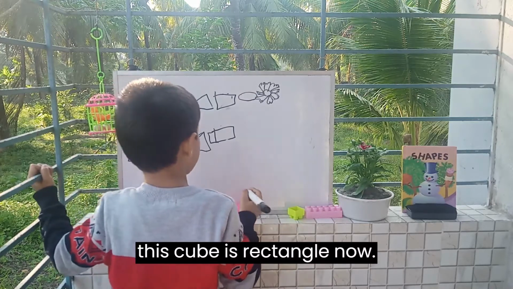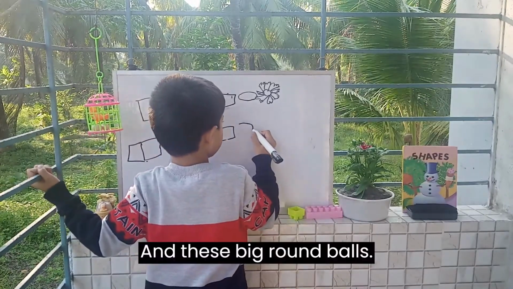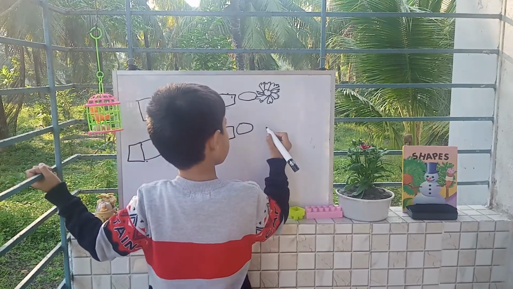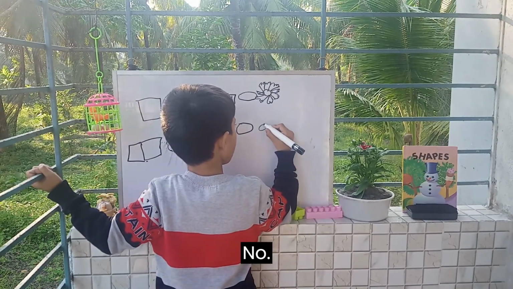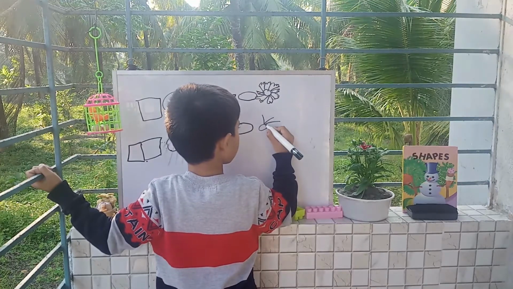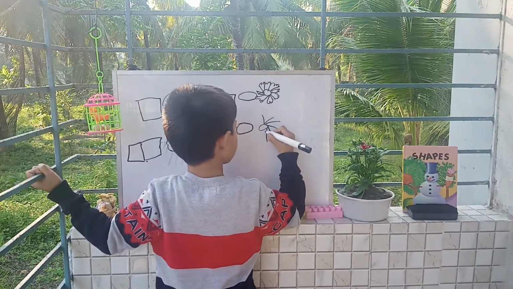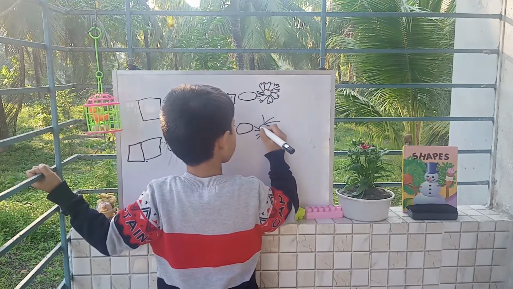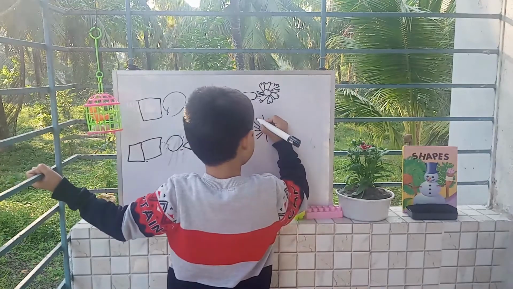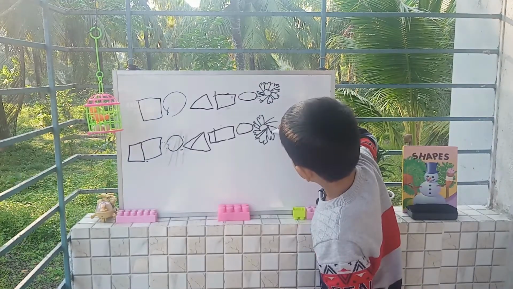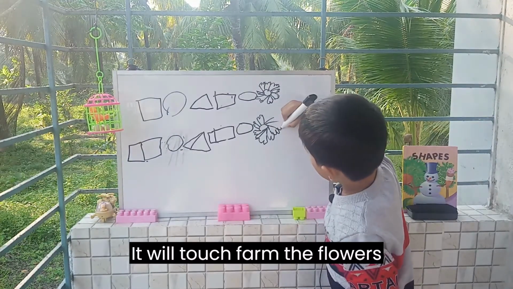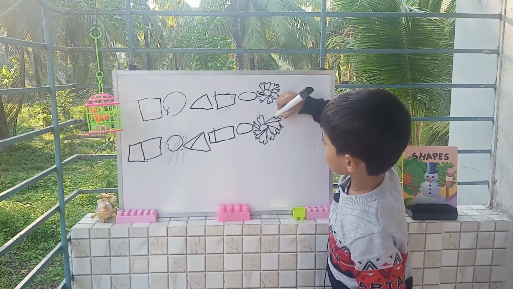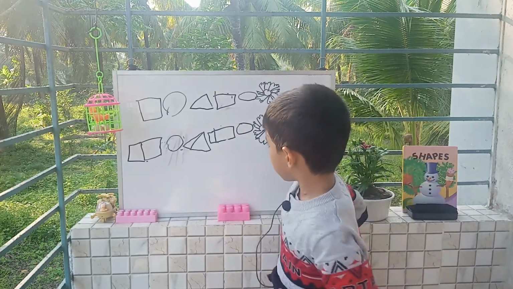This cube is rectangle now, and this big round ball, and this flower. It will touch the flowers. Now it is done.